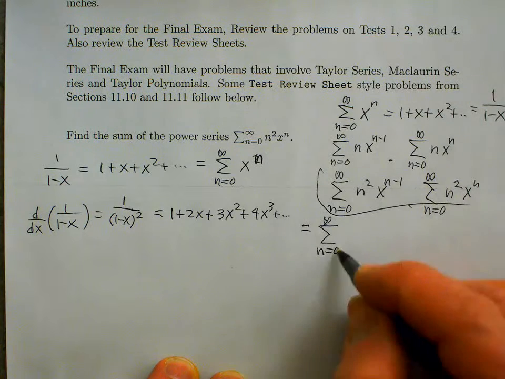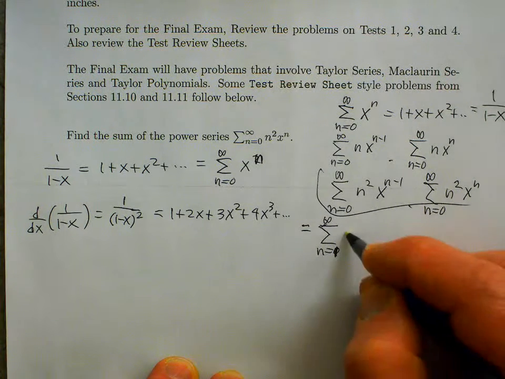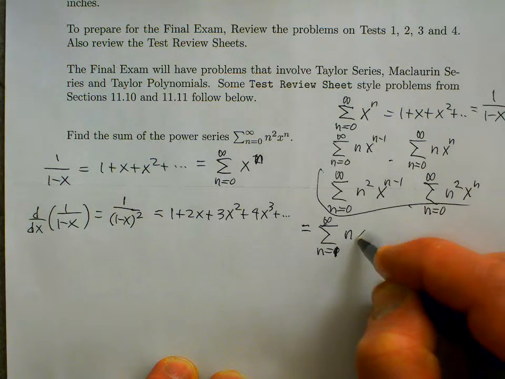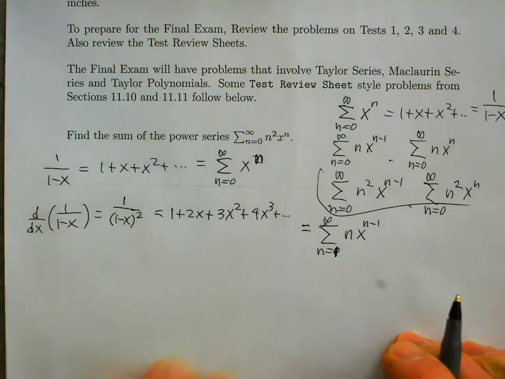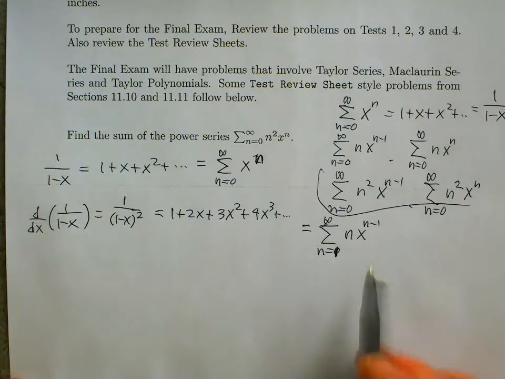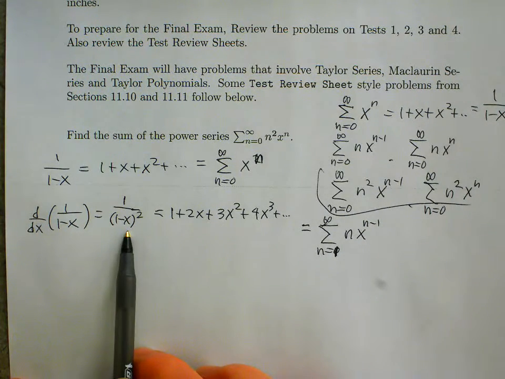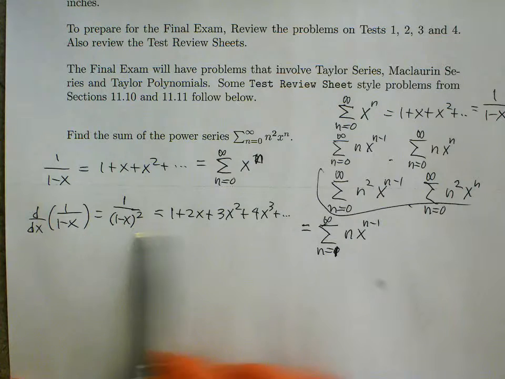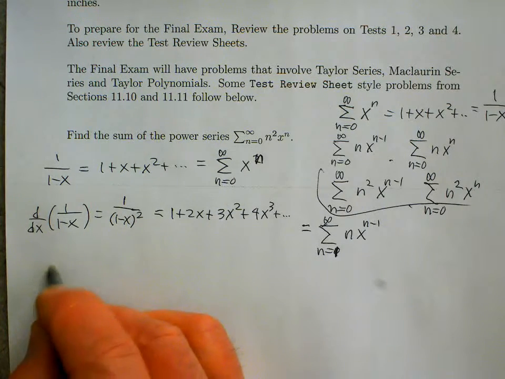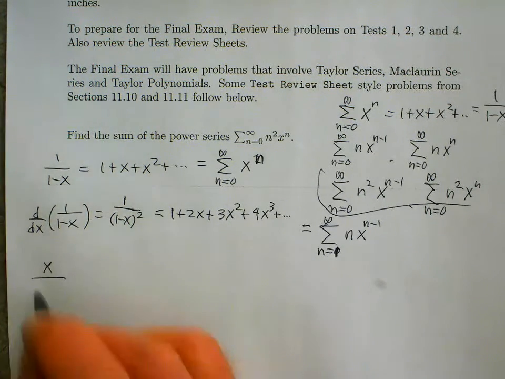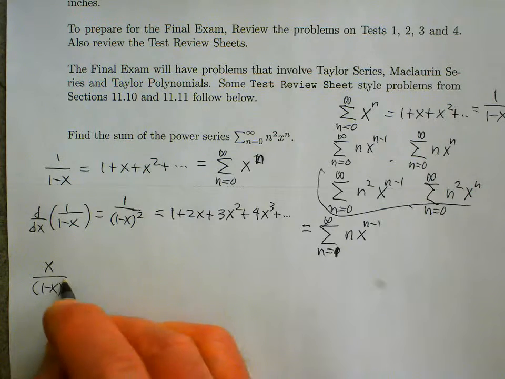So let's see, let's start at 1. n times x to the n minus 1. Okay, then multiply every term in this series by x, so we get x over 1 minus x quantity squared.